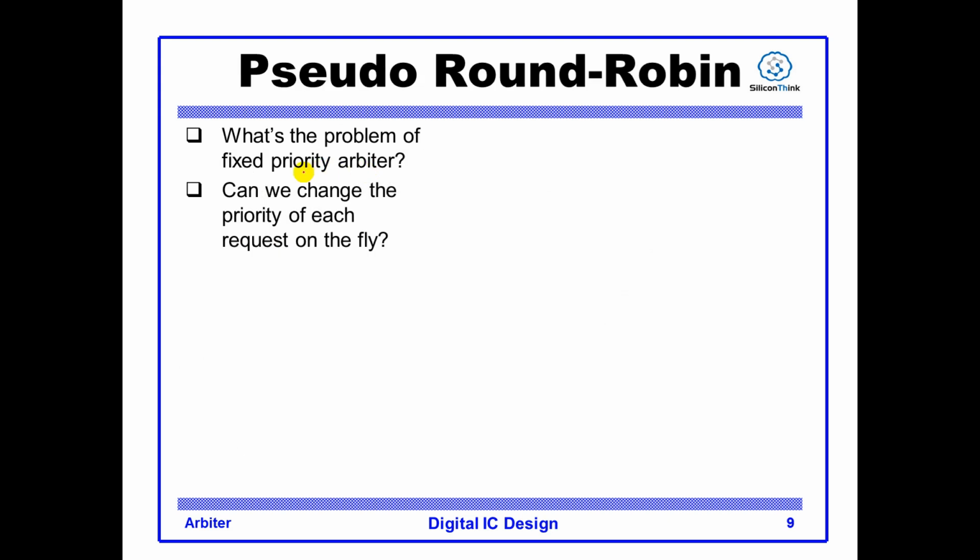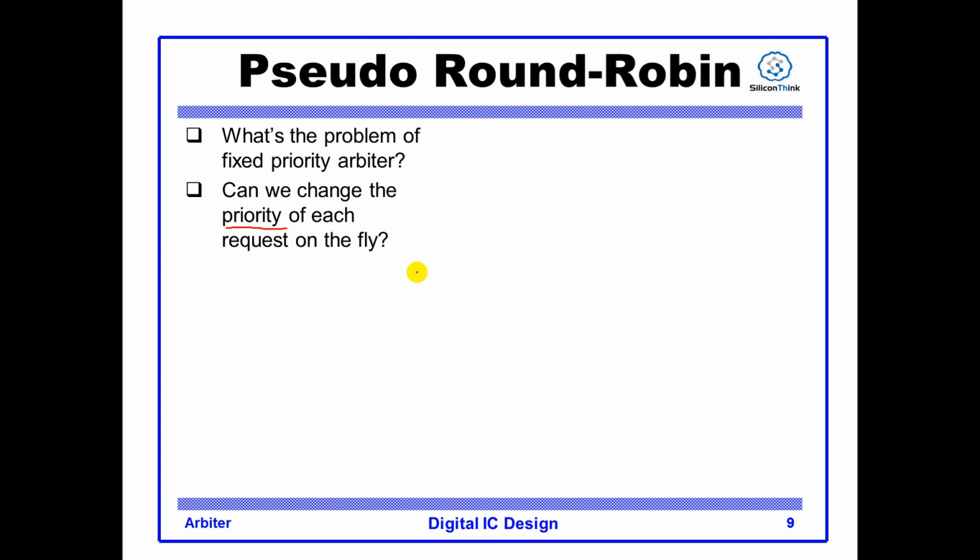So if you want to solve this problem, the key point here is you must change the priority of each request on the fly. Can you figure out the algorithm and the circuit diagram that support changing priority on the fly? You can think about it for several minutes.